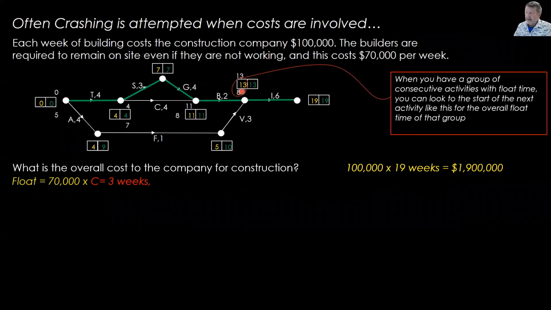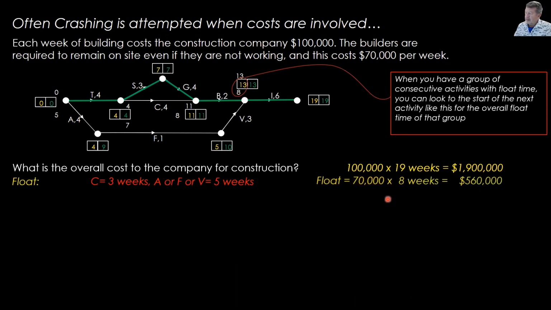So we can say 13 minus 8, which summarizes for all these 3. So down here, we could write A or F or V equals 5 weeks, which gives us a float time of 8 weeks at $70,000 is $560,000.